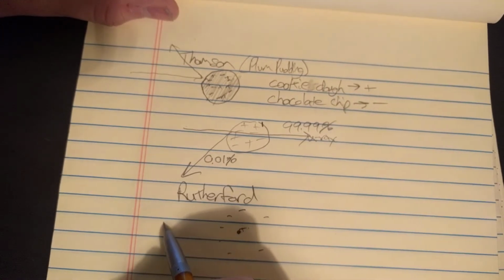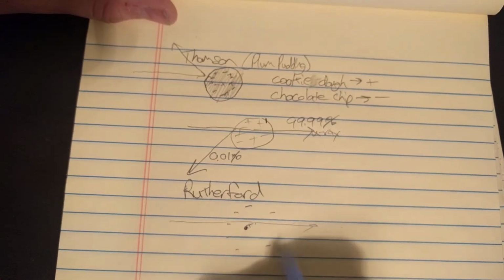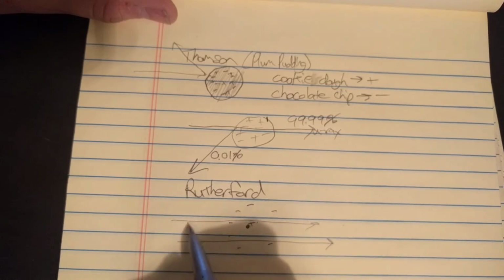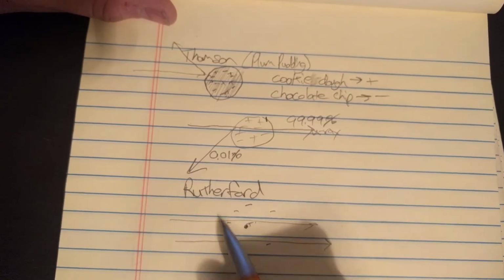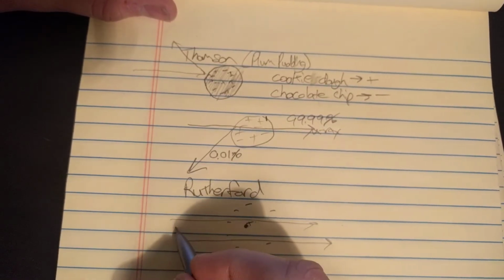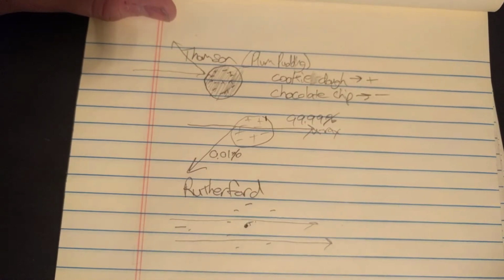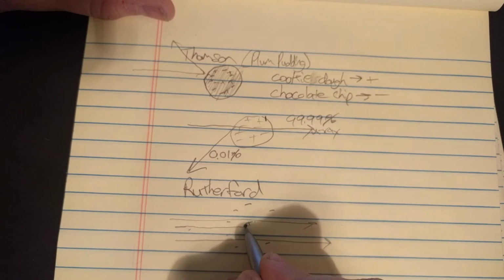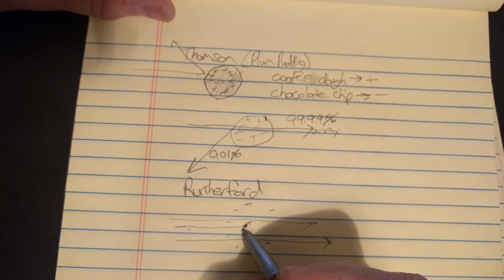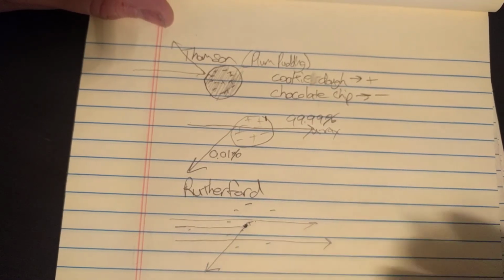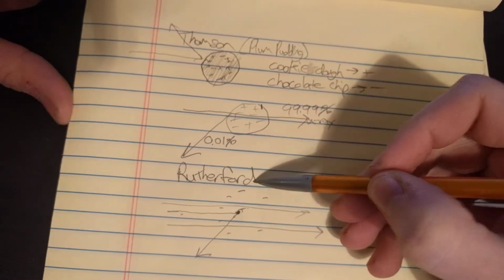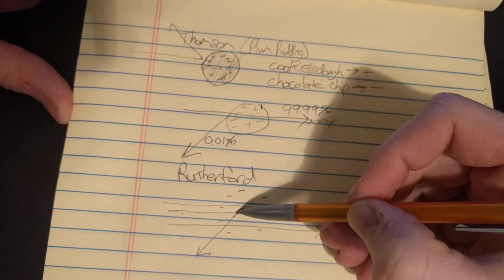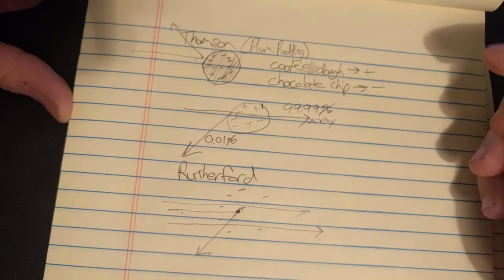So that way, if you shoot something through it, most of the time that thing will just go right through because it's mostly empty space. But occasionally you'll get an alpha ray that will come in and exactly hit the nucleus and then bounce off. So in that way, Rutherford discovered that the nucleus is very, very small compared to the size of the atom.